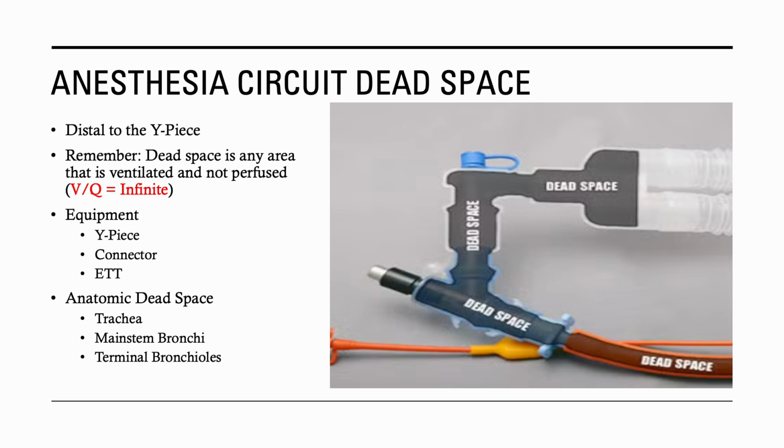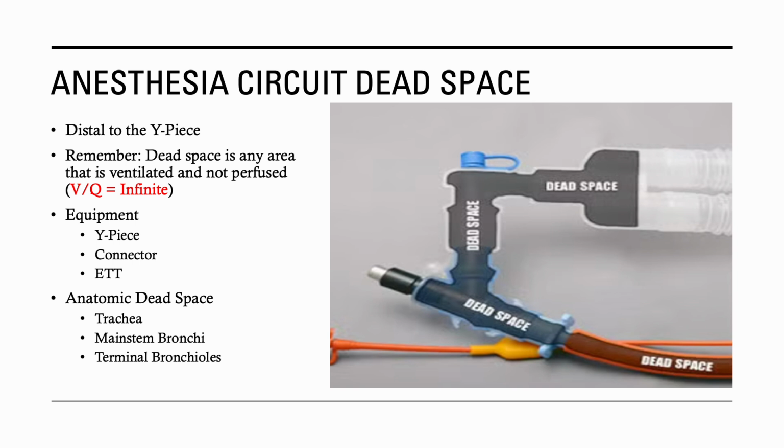Dead space is defined as any area that's ventilated but not perfused, and in particular ventilated with mixed air, both inspiratory and expiratory gases. So in the equipment, this would comprise the Y piece, the connector to the endotracheal tube, and the endotracheal tube itself, which is often forgotten.